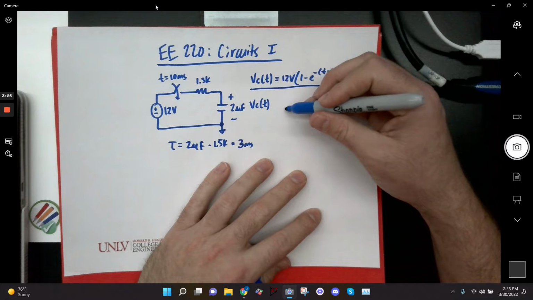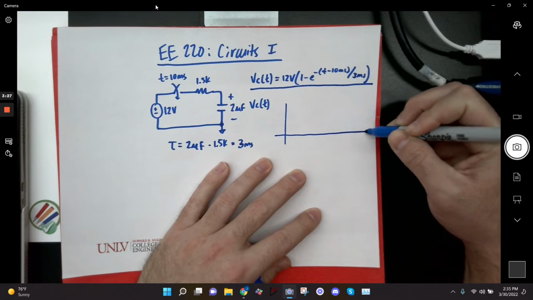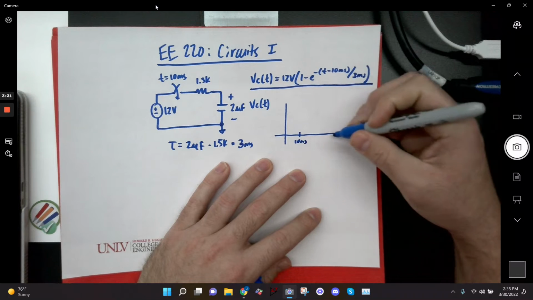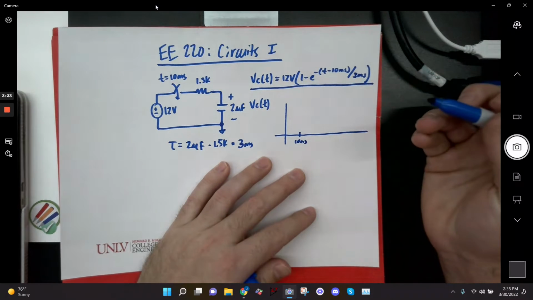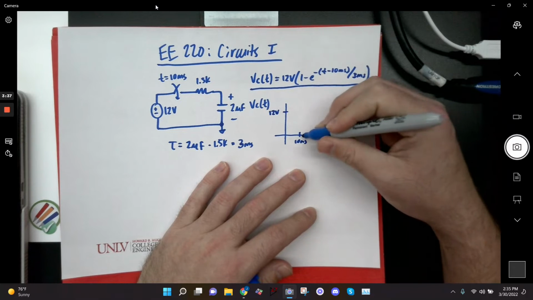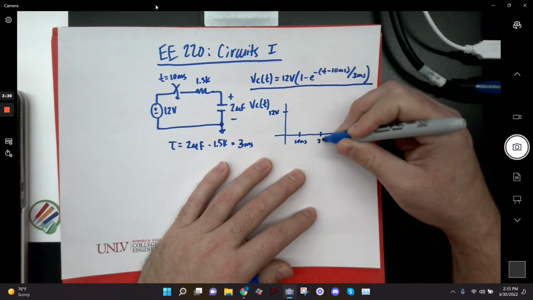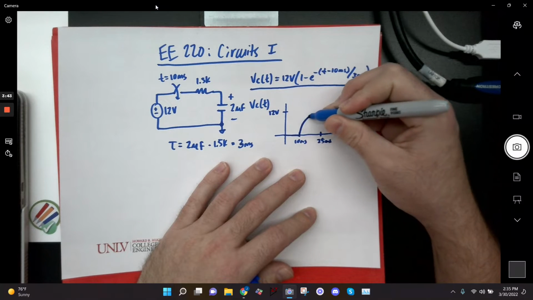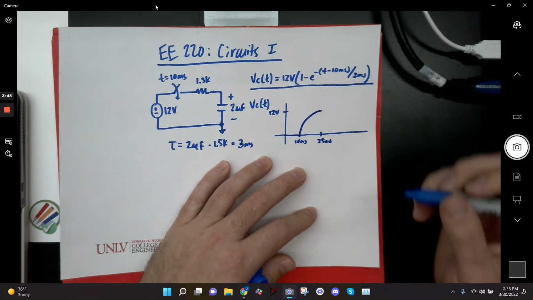Okay, so what I would get is basically something that looks like this after 10, let's say that's 10 milliseconds, and it's going to take roughly 5 time constants to charge up to 12 volts, so somewhere out here at like 25 milliseconds, 15 milliseconds later, it should be pretty much all the way there, right?